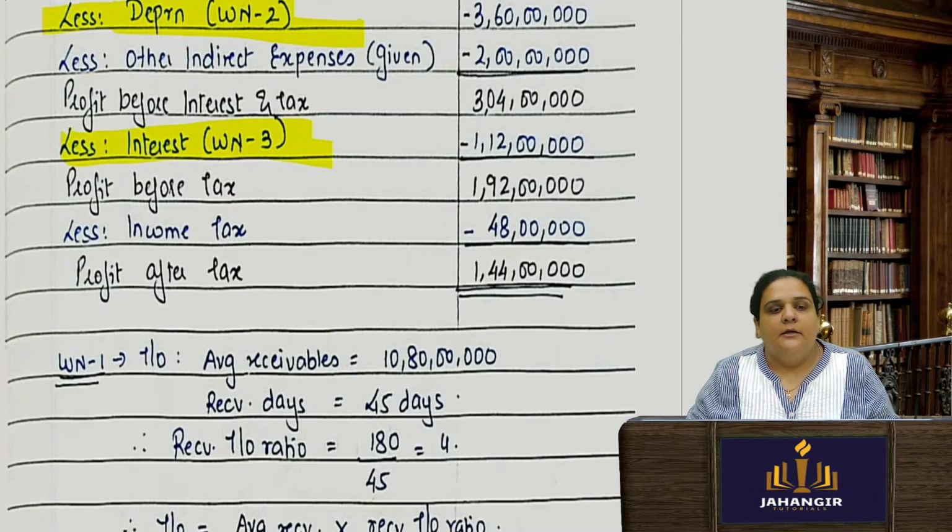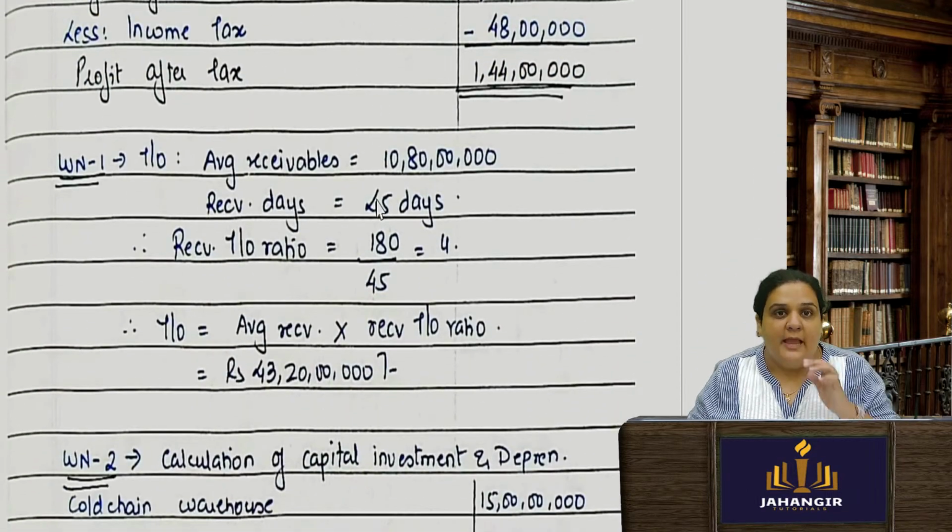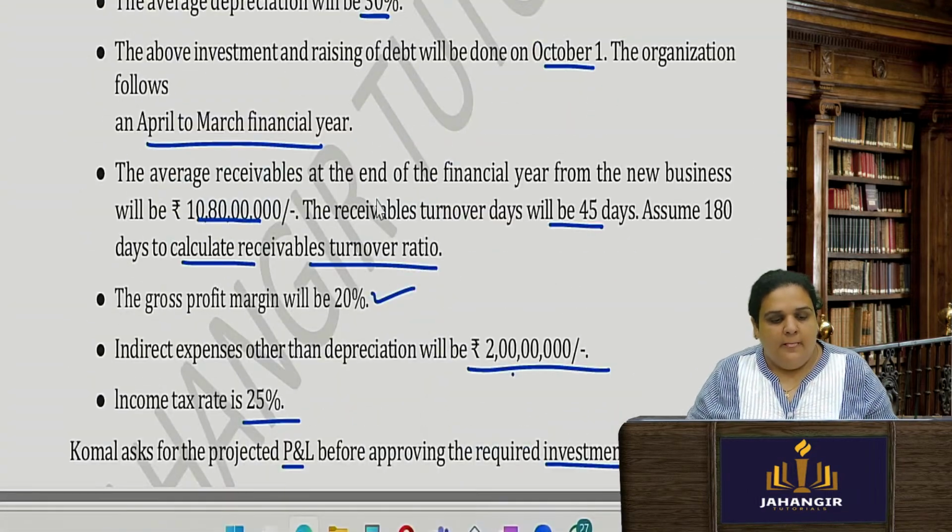Alright. Now how will I find my turnover? Turnover will be nothing but they have given me average receivables. See, they have told me that average receivables for this new business unit is 10 crore 80 lakhs, and the receivables turnover days is 45 days, and they have assumed 180 days to calculate this.